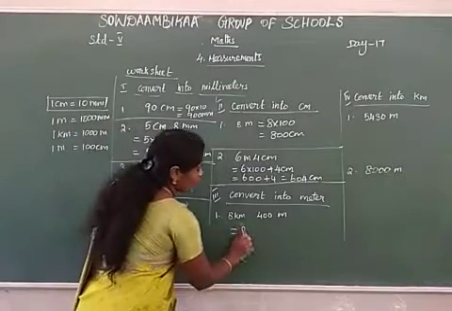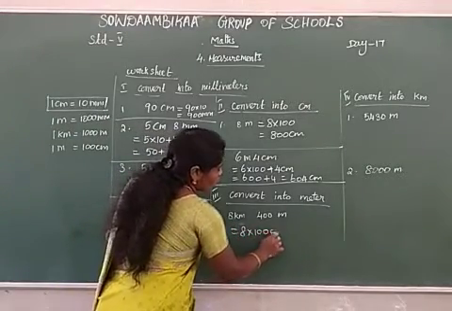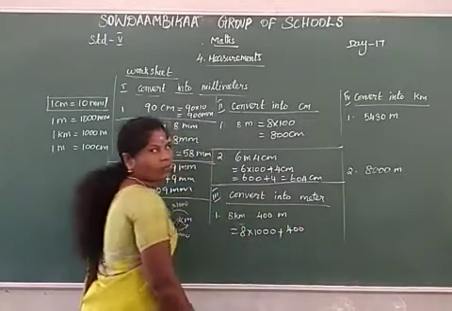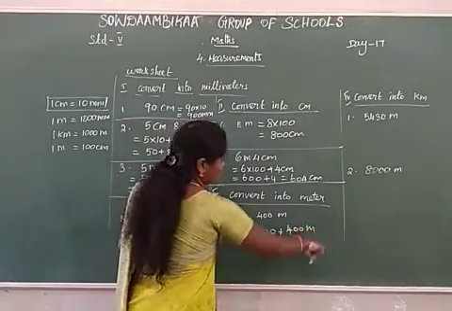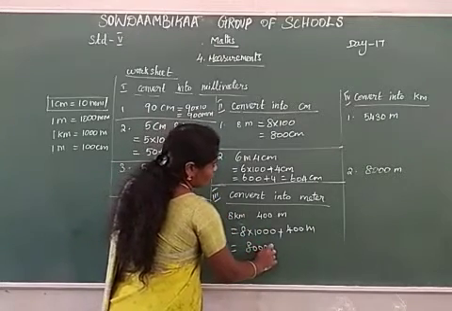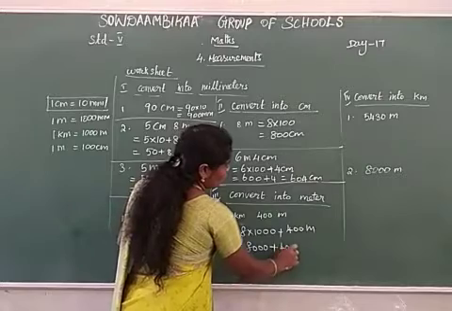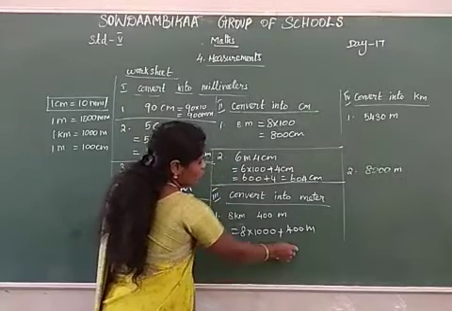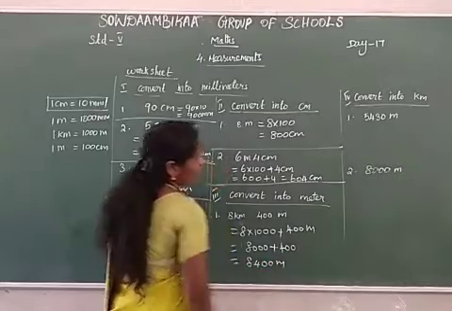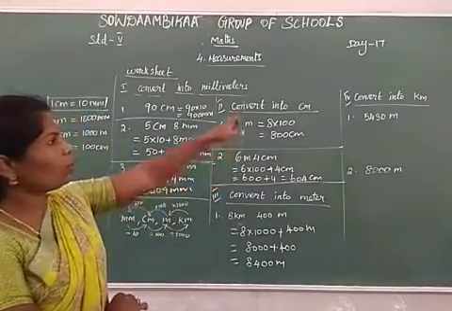So 8 into 1000, plus 400 meter already there. 8 into 1000 is 8000, plus 400. 8400 meter.